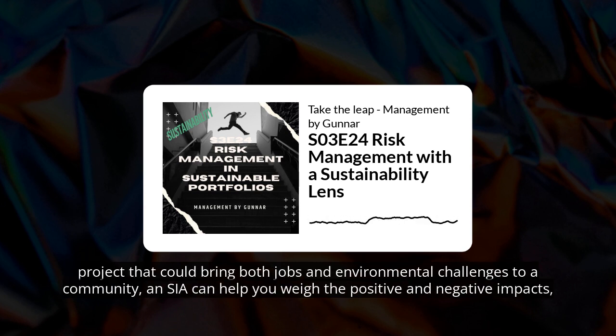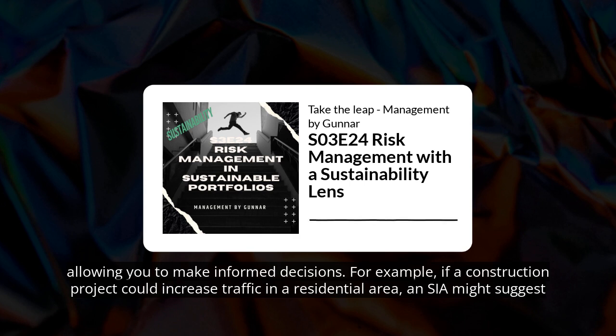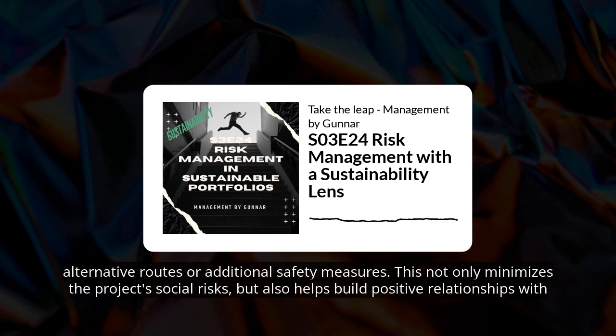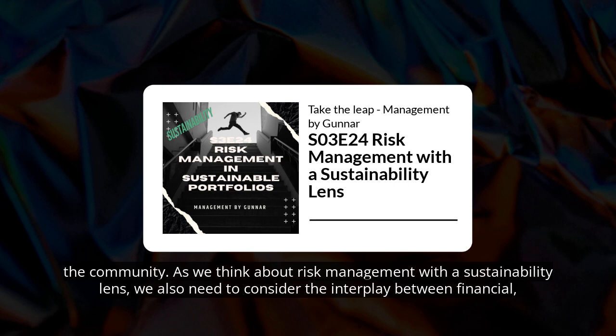If you're planning a project that could bring both jobs and environmental challenges to a community, an SIA can help you weigh the positive and negative impacts, allowing you to make informed decisions. For example, if a construction project could increase traffic in a residential area, an SIA might suggest alternative routes or additional safety measures. This not only minimizes the project's social risks, but also helps build positive relationships with the community.